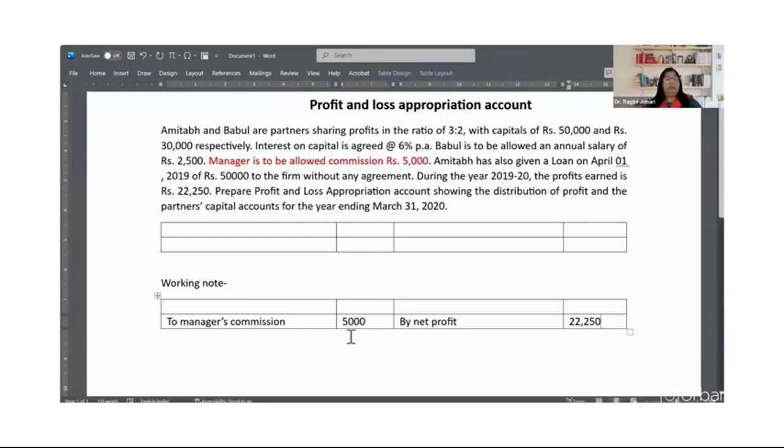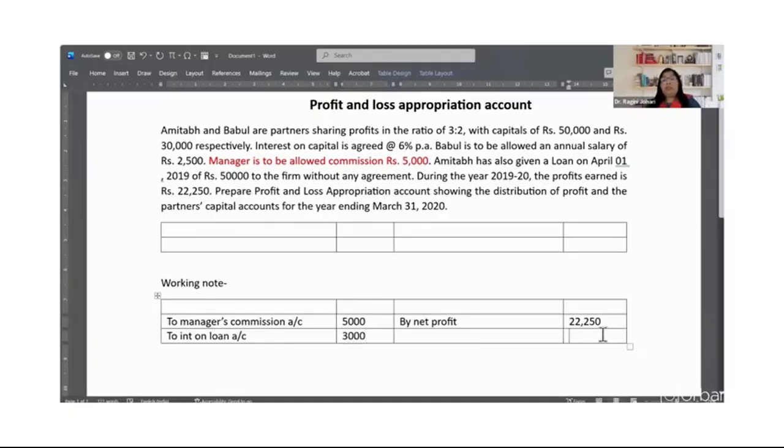Then interest on loan. As you can see, in this question no interest percentage for the loan is given, right? So as per the Partnership Act, the interest will be charged at the rate of 6% per annum. So 6% of 50,000 will be how much? 1% is 500, so 6% is 3,000.